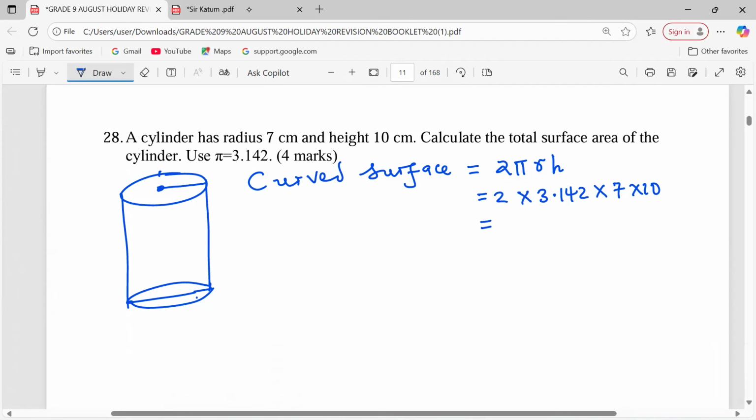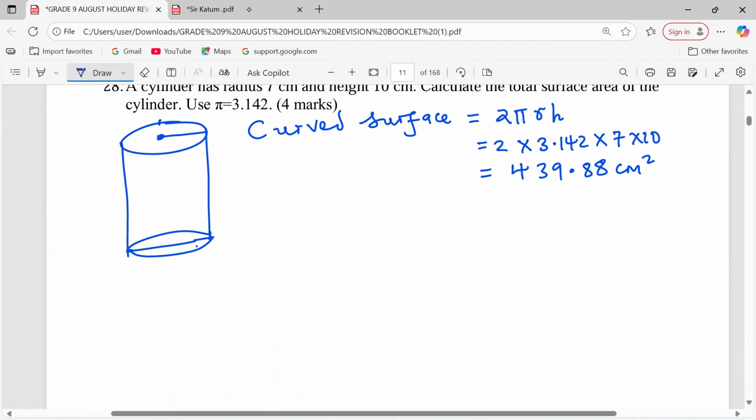You get the curved surface that way: 2 times 3.142, then multiplied by 7, then times 10. This gives us 439.88 square centimeters. That's done. Then the circular parts, we have top and bottom.